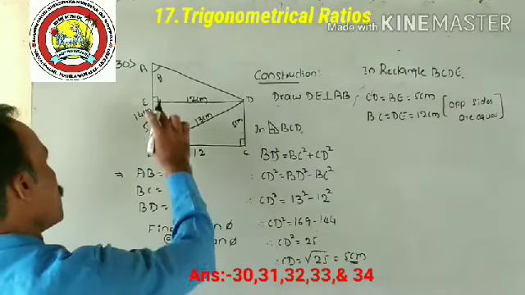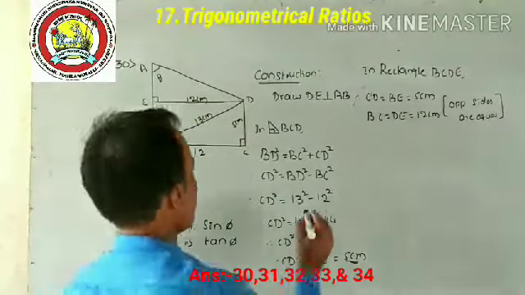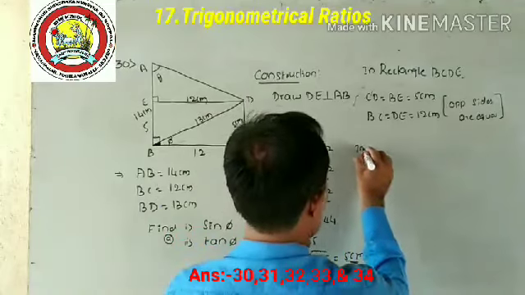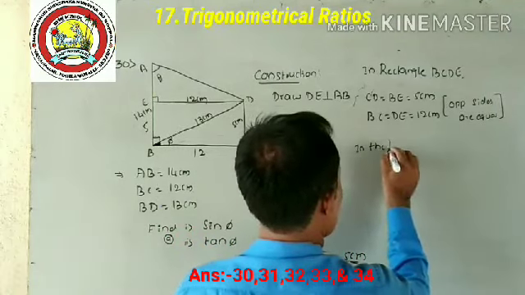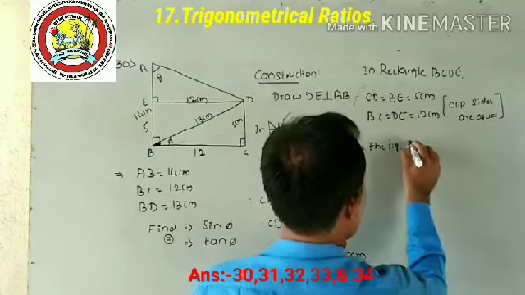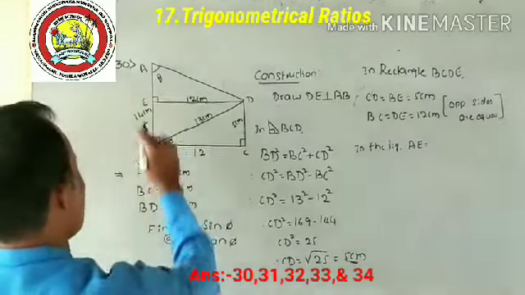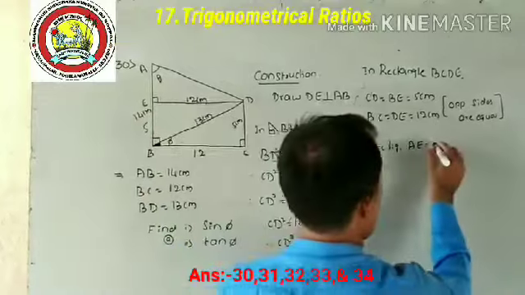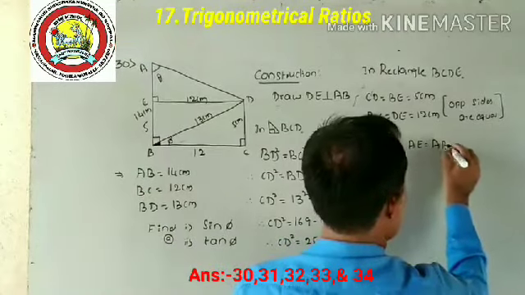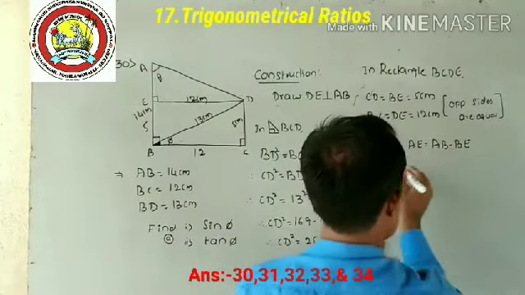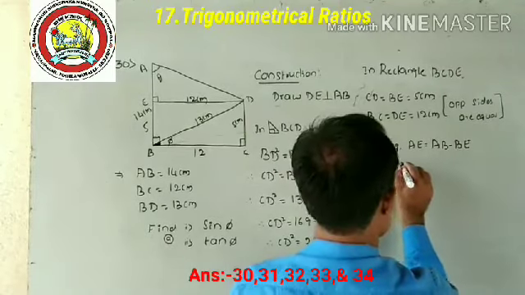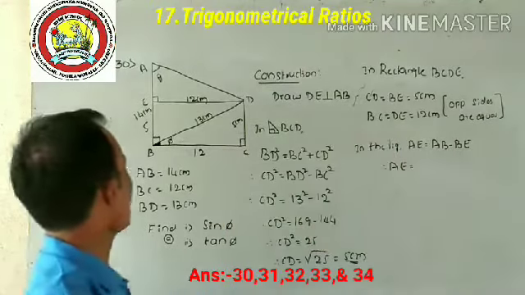What about AE? In the figure, AE is equal to AB minus BE. What is the value of AB?